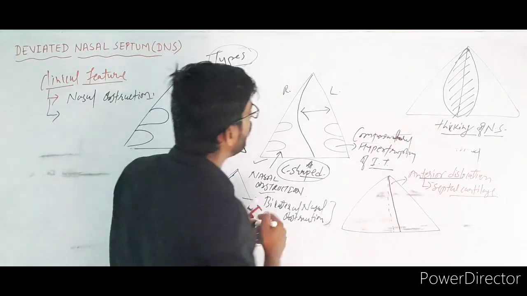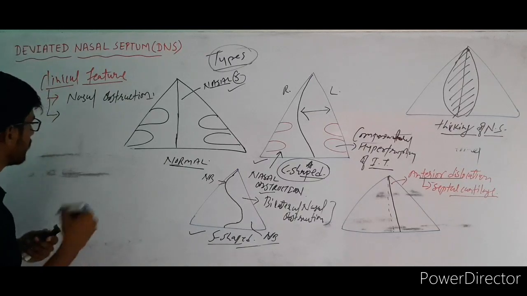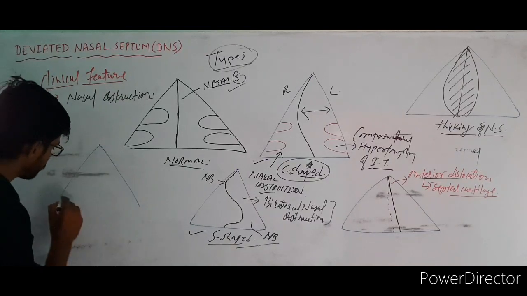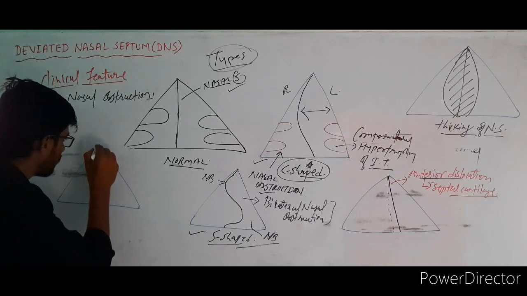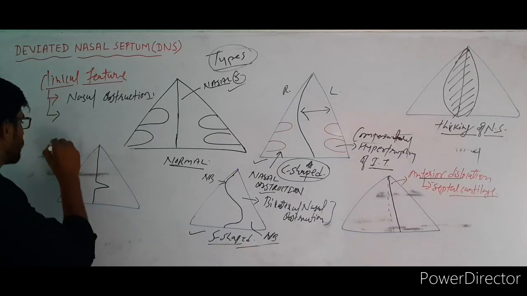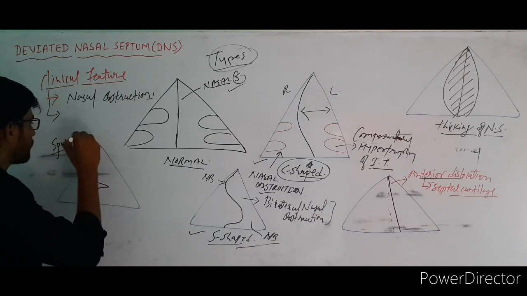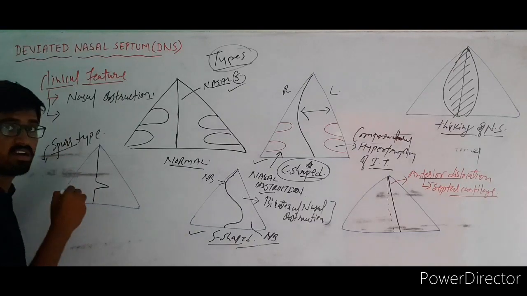So I want to draw here. See here, in the spur type, what is happening? This spur is forming where?